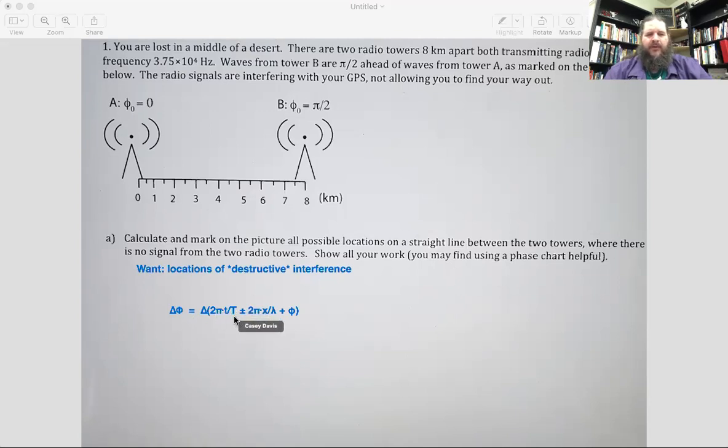So 2 pi t over period. And by the way, it's sometimes an easier way to write that. Dividing by period is the same as multiplying by what? The frequency? Yeah, so instead of divided by period, let's call this multiplied by frequency. So 2 pi times frequency times time.